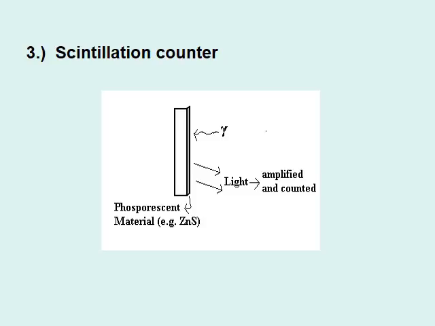So each time one of these radiations hits that phosphorescent plate, you'd expect light to be emitted, and that's how we know how much of this radiation has fallen on this zinc sulfide plate, and that gives an idea of how much exposure somebody who worked in the radioactivity lab had.